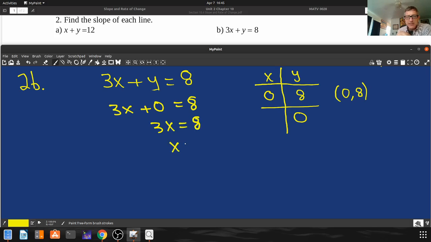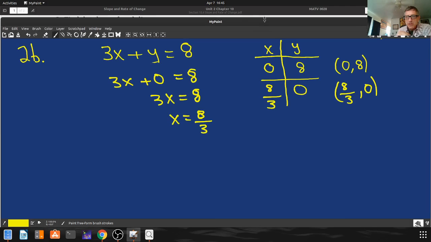So x is equal to 8 divided by 3. So now you're learning why we teach you how to use fractions.